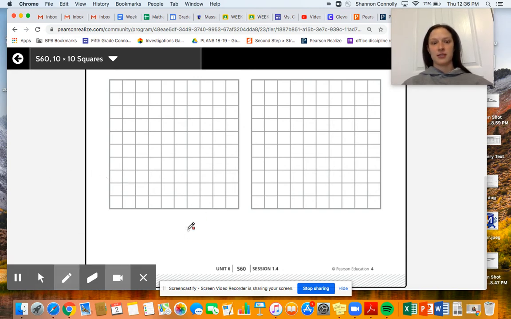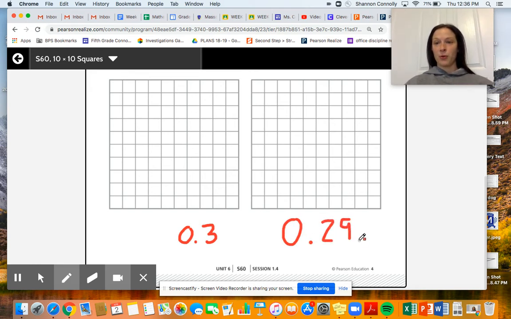So let's get started. Let's say we are comparing 3 tenths and 29 hundredths. If this was whole numbers, which it's not, some people are automatically going to say 29 hundredths is greater. But we want to think about a couple things. First, let's represent them.